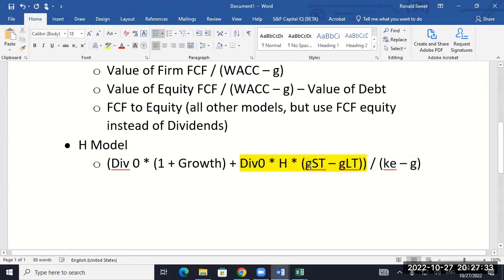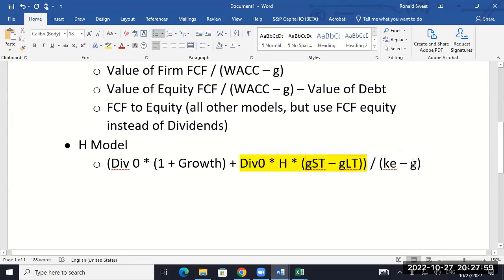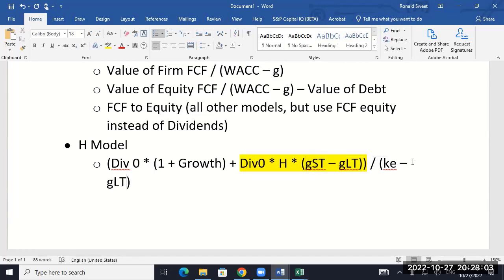And in this case, your short-term growth rate can be any number you want it to be. It can be 50%, 100%, 300%, negative 70%. It probably can't be negative 100% because then your dividends go to 0 or go negative. But it can be any number greater than negative 99%. And this growth right here is the long-term growth rate. So it will be lowered in your KE.